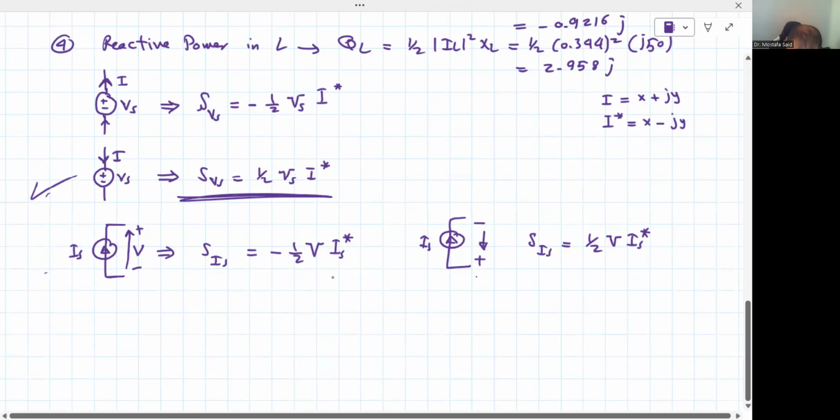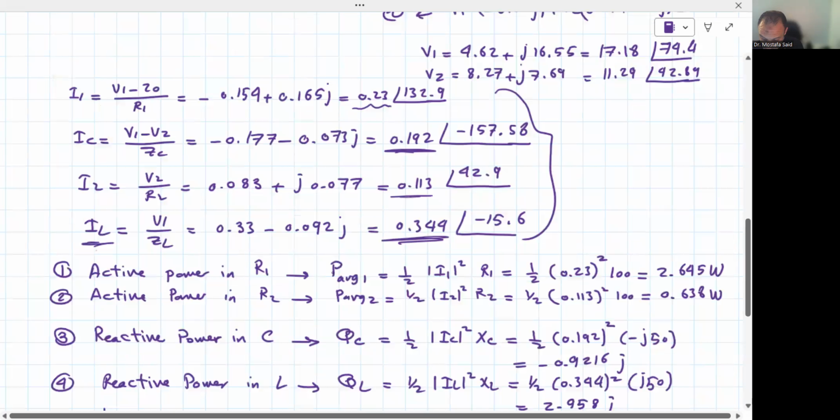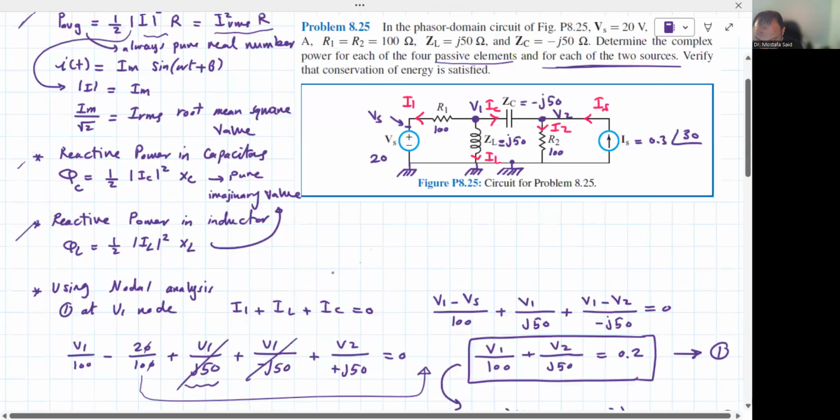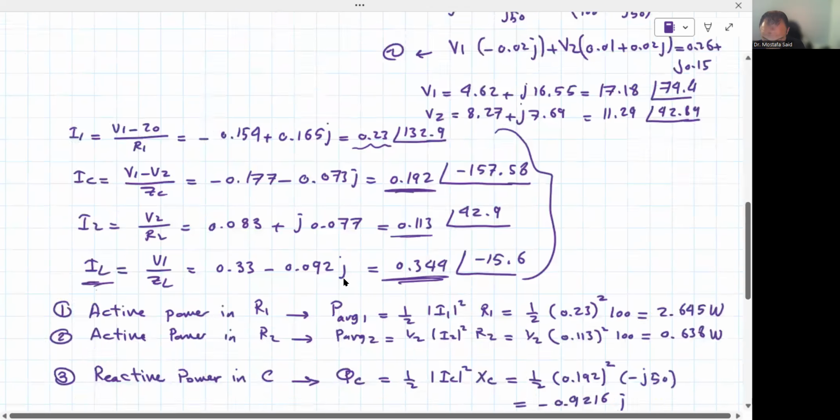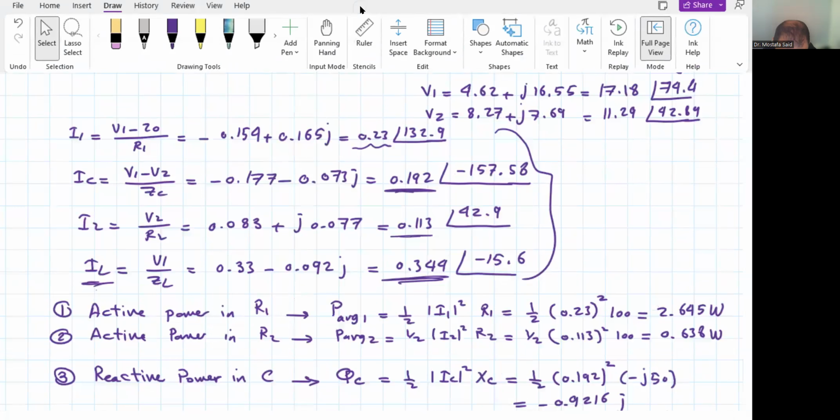S_VS is equal to half, there is no minus, VS is 20, and the I is I1, so we need I1 conjugate.